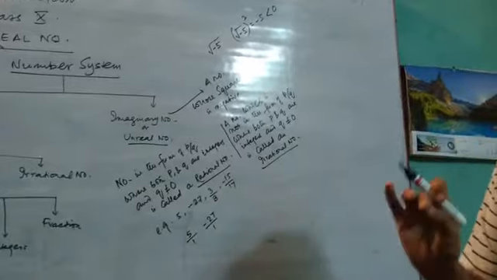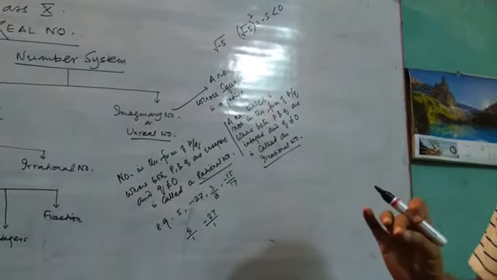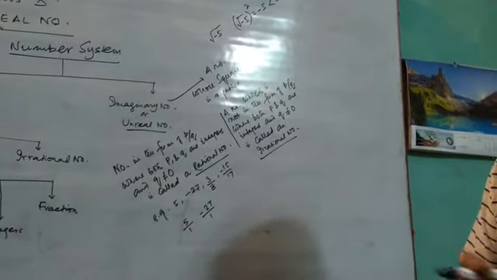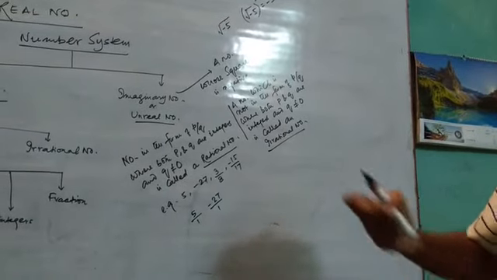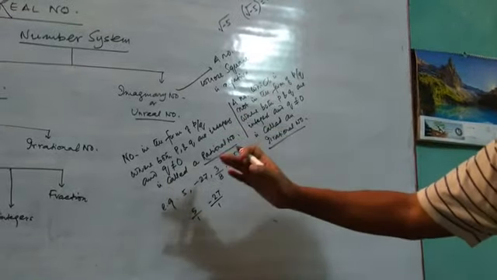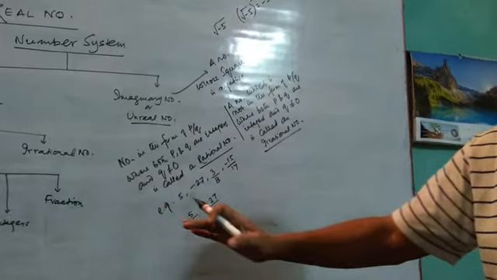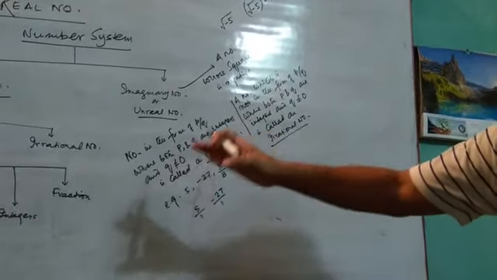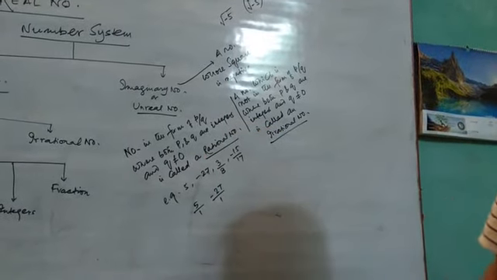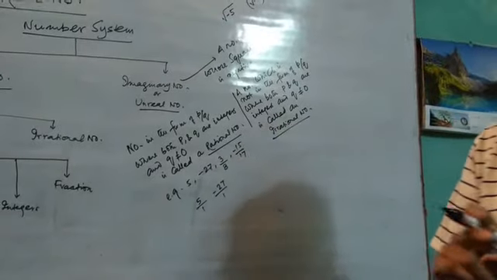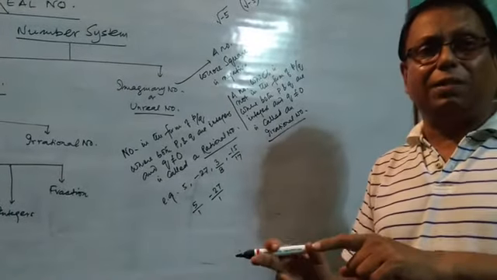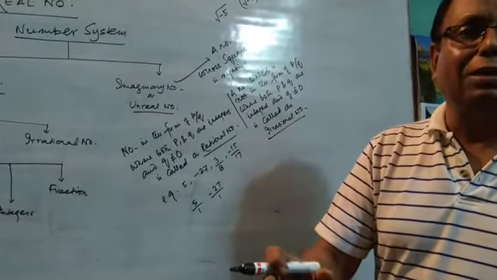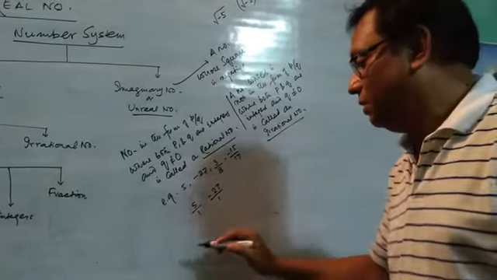One very interesting property of rational numbers I will explain here: rational numbers can be expressed in decimal form. And when rational numbers are expressed in decimal form, they are either terminating or non-terminating, repeating.